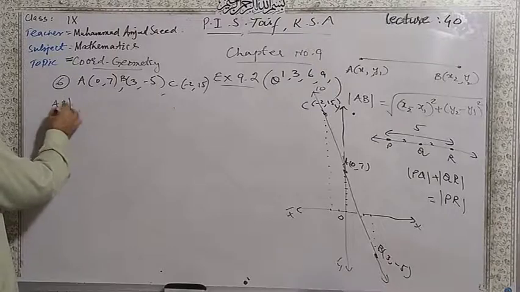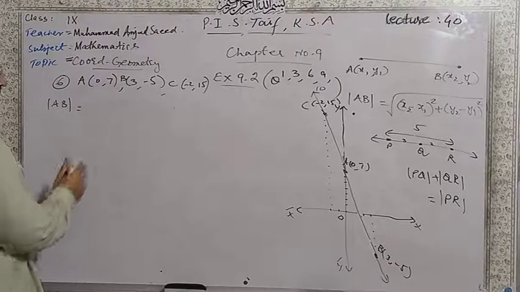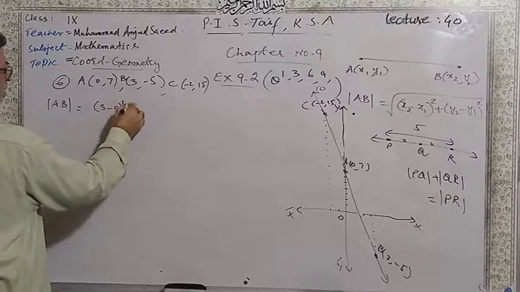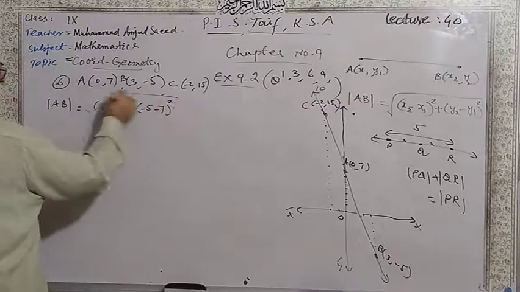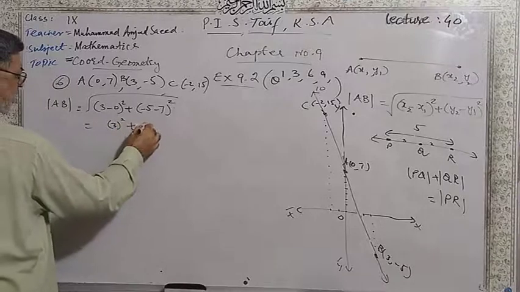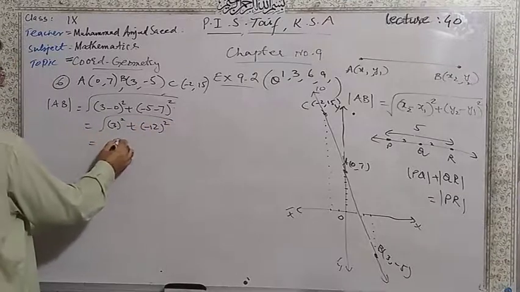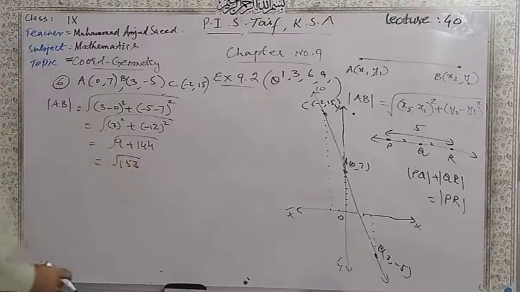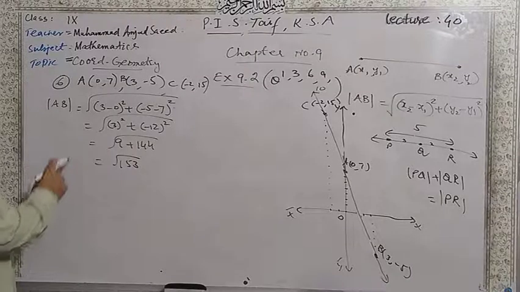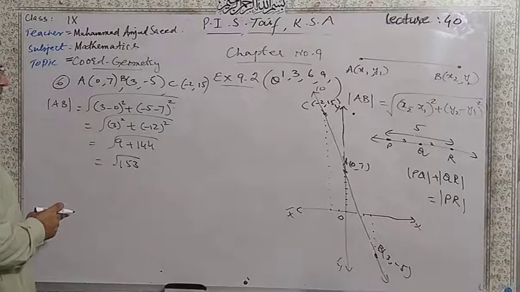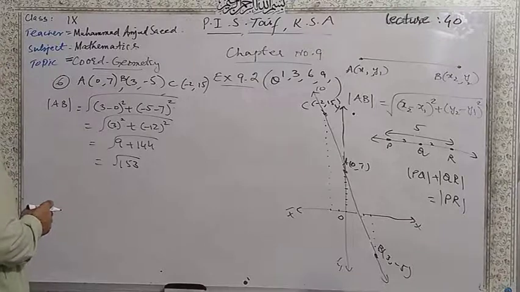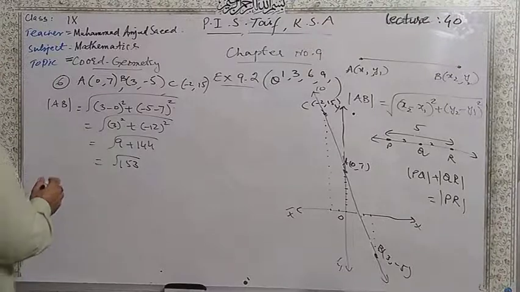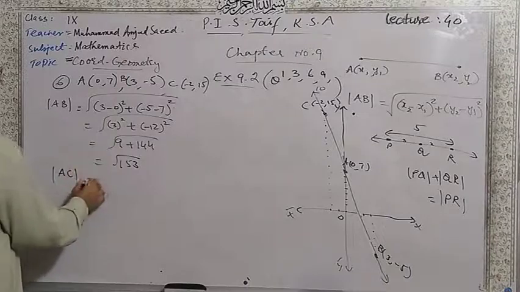So what about AB? AB is the square root of (3 minus 0) whole square plus (-5 minus 7) whole square. That will be 3 square and -12 square, so 9 plus 144, which is root 153. Then what about AC?